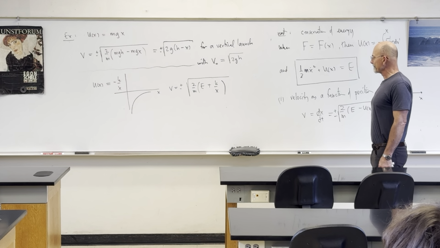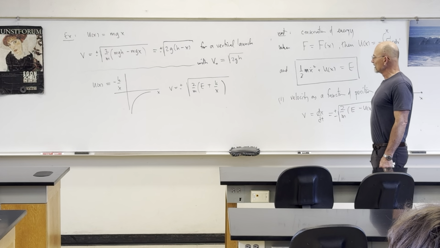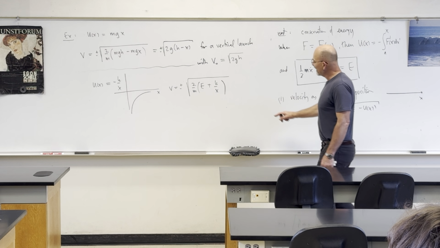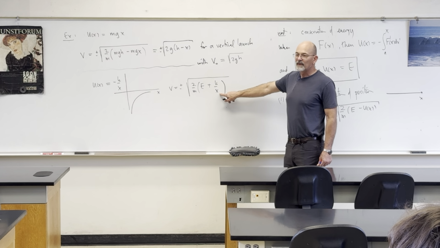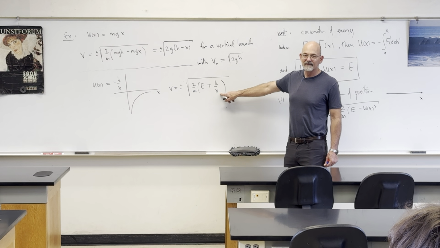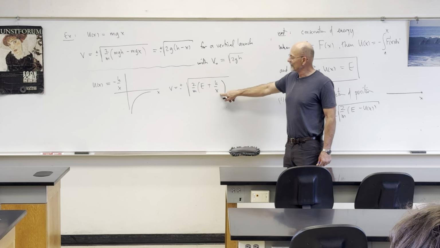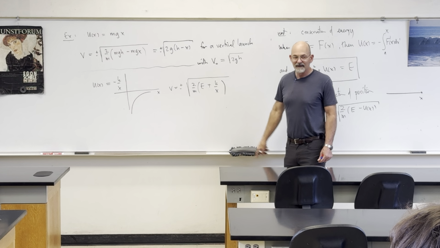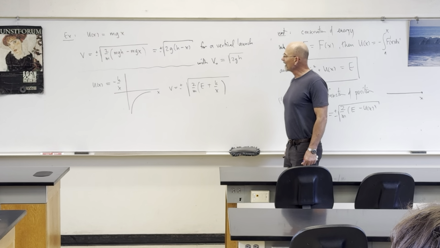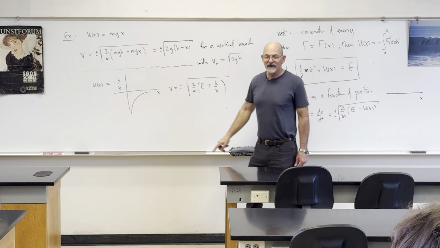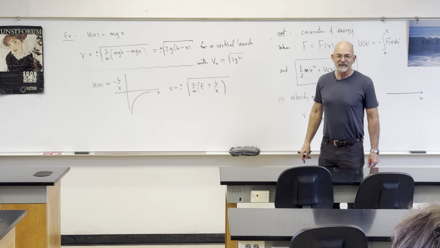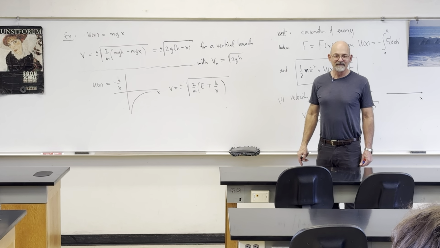Here's an interesting one. What happens if I let x go to positive infinity here? You get 2E over m. What is that? What's the interpretation with my vertical throw? You guys may remember this from physics 4A.